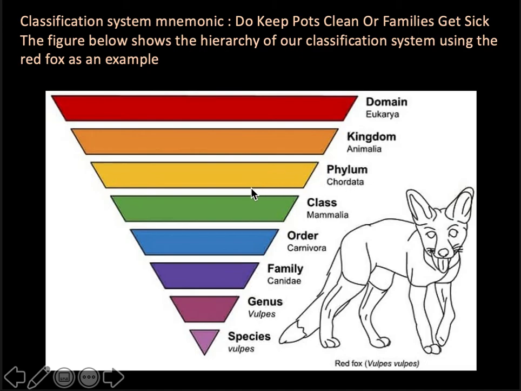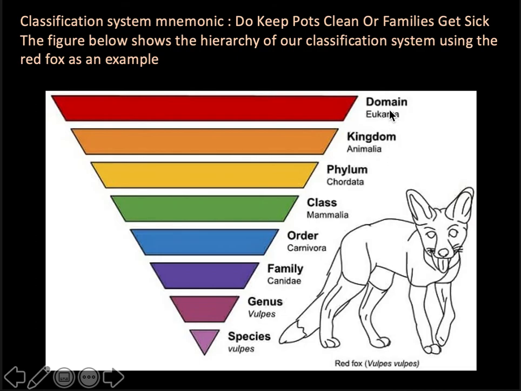Then some of those organisms will fit into the class of being a mammal, and so on and so forth until you get down to the exact organism that you're interested in, in this case, the red fox. This just shows you a visual of this hierarchy, this naming system.